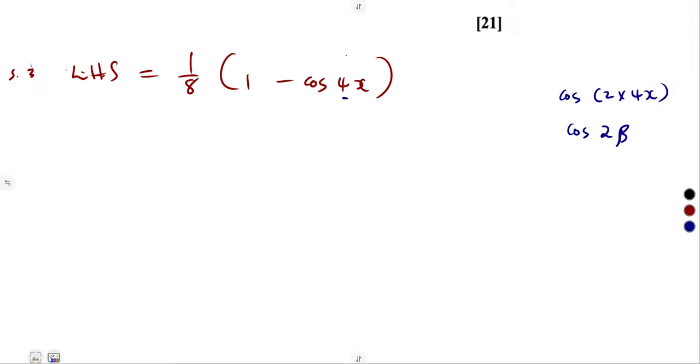So this is what I'm trying to say. You just have to figure out from those given identities, guys, how you can simplify. So that's it. Producing a double angle identity, that's going to be 2 times 2x. Why am I getting 4? 2 times 2, yeah, to get 4. 2 times 2x to get that 4.